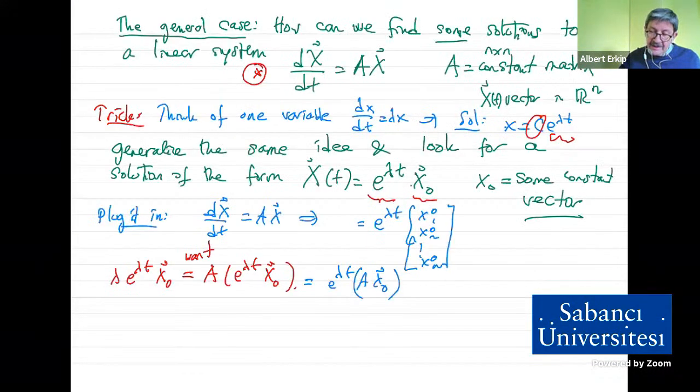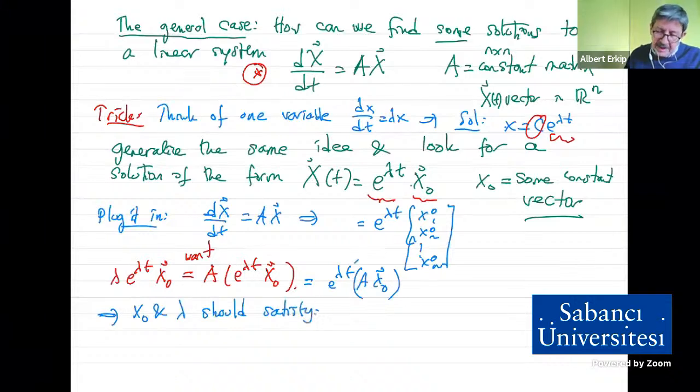What I really get is that x0 and lambda should satisfy, if you cancel the e to the lambda t, A times x0 equals lambda x0.